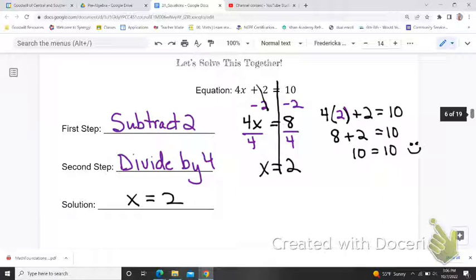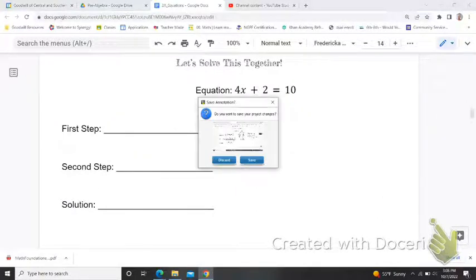Pat yourself on the back, give yourself a high five. Whoop, whoop. We got it. All right, so that one is done. Nice. So two steps. You can also think of the constant needs to move to the other side, and then we're going to get rid of the coefficient at the end when it's multiplication.